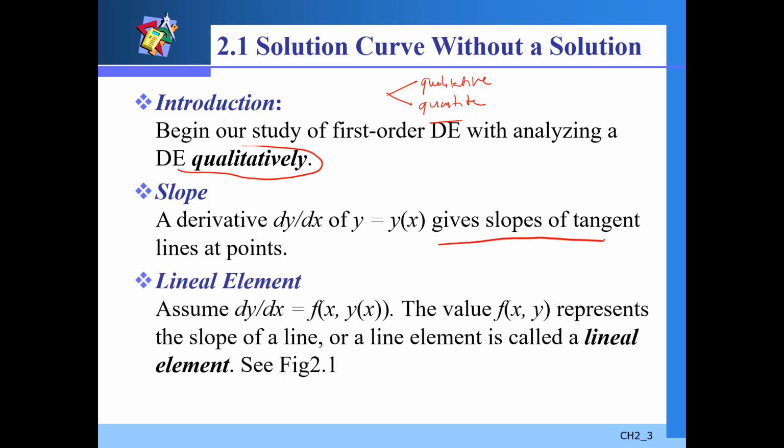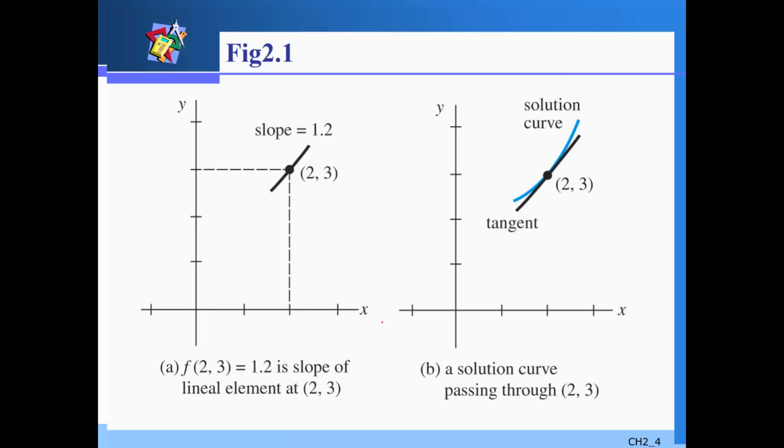So assume that dy per dx is a function of x, y. The value of the function f of x, y represents the slope of the line, or a line element, called a linear element. So this is the solution of the ODE.